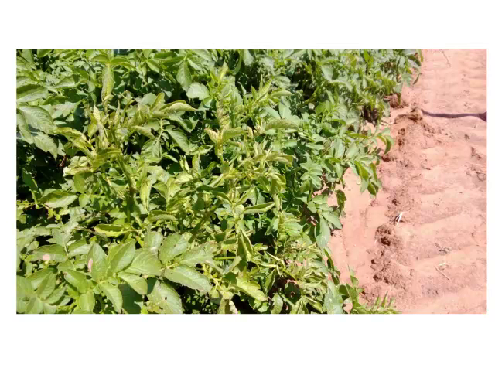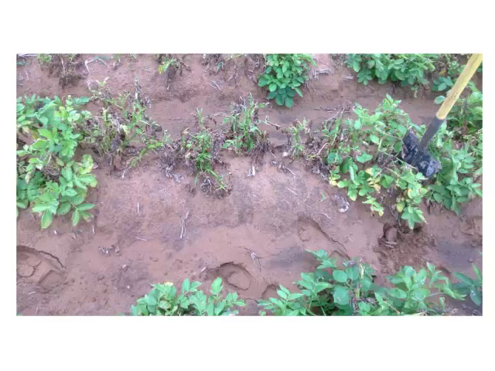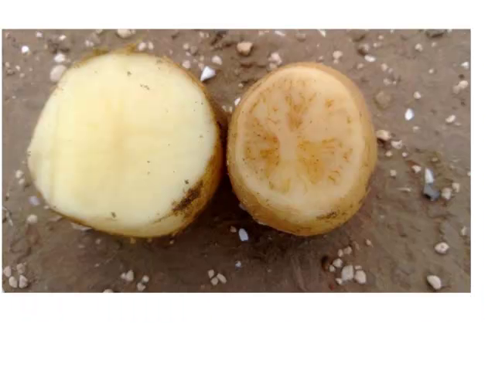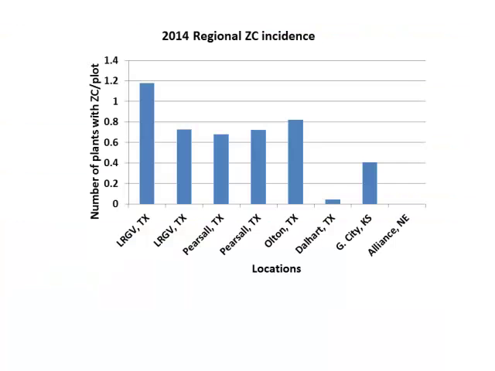And then in each plot, we search for symptomatic plants, and this is at a very early stage. And in some cases, you find really old ones, and then we dig out and verify the tubers for zebra chip symptom.